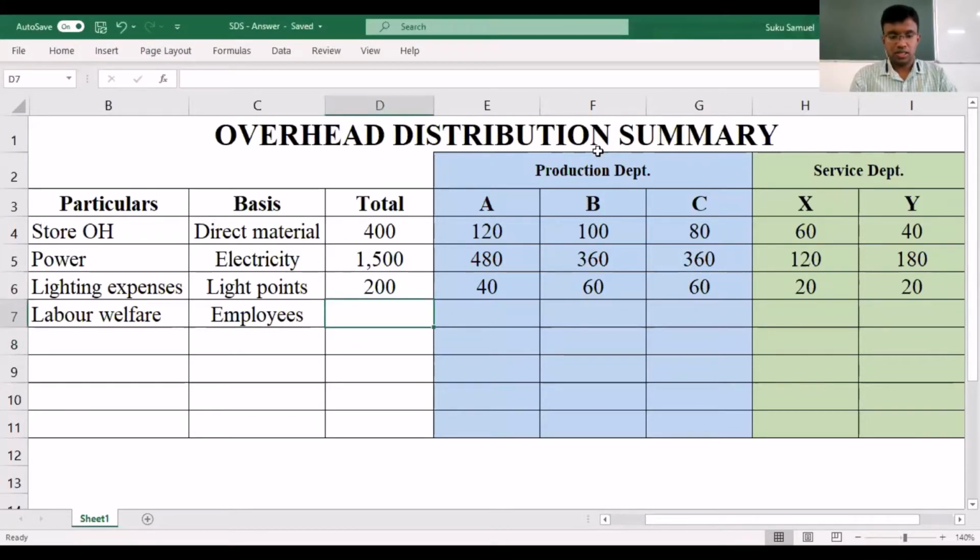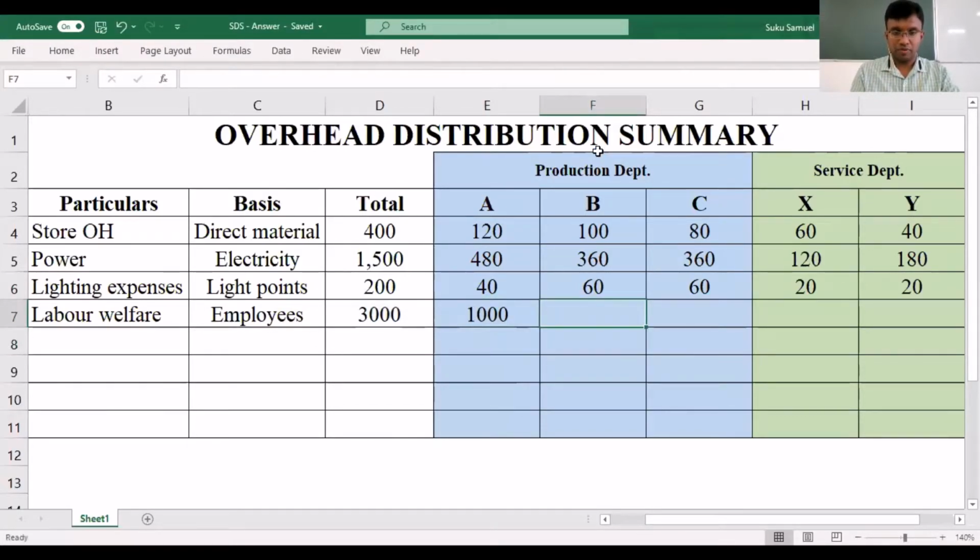So 3,000 is your total, and let's go about reapportioning this. For department A, it is 200 divided by the total number, 600, into 3,000.